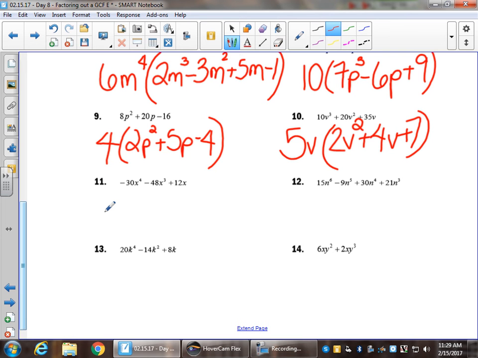All right, number 11, try on your own and let me know what you get. Pay attention to the negative leading coefficient. Remember what our little note we wrote.